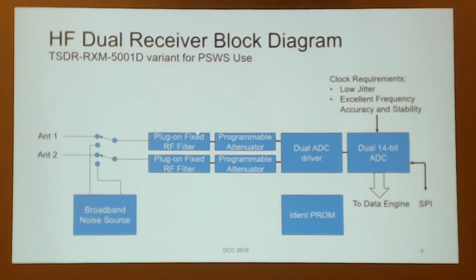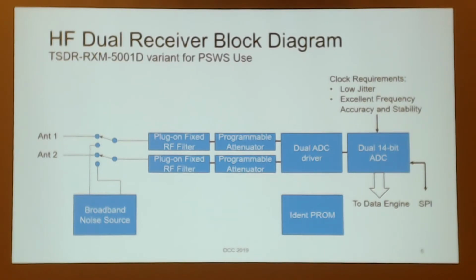And since it's broadband, you can see the output and say, what plug-in RF filter do I have on the board, because I can see a big notch in the noise if I've got a particular one. If I have the attenuator set, I can see the impact on that noise source. So it allows us to validate the quality of the data coming in, because we can see how we're equipped.